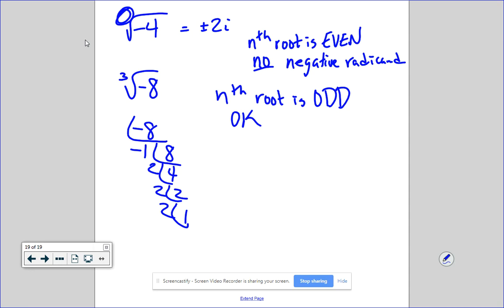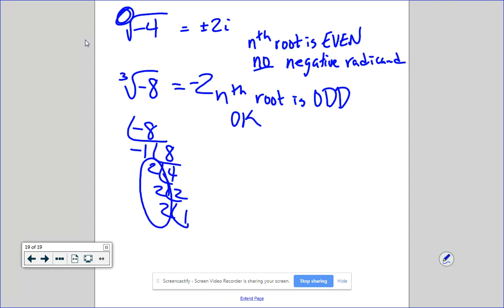Since it's a third root, I'm looking for groups of 3. So the third root of 8 is just -2. Why is it? So the negative, I pull the negative out to be able to work with it. So then I automatically know my answer has to be negative.